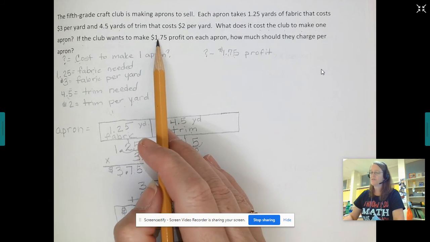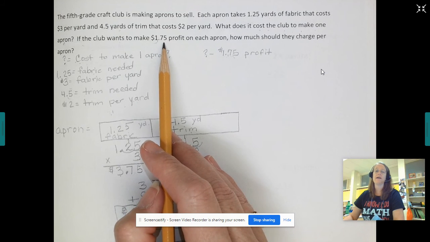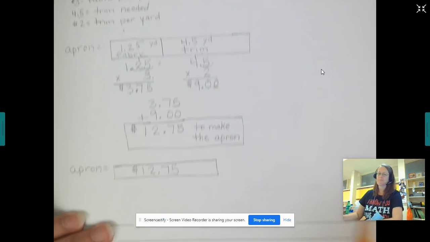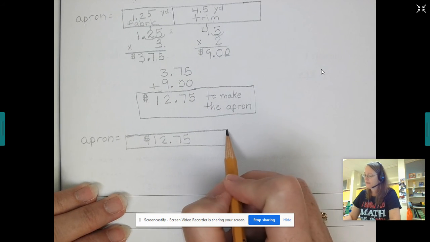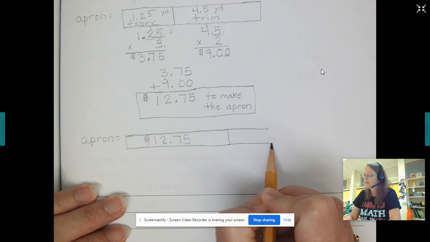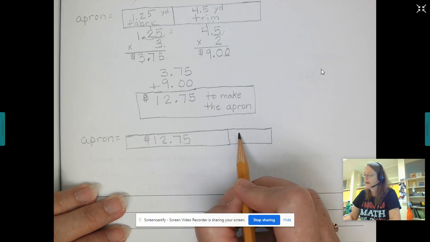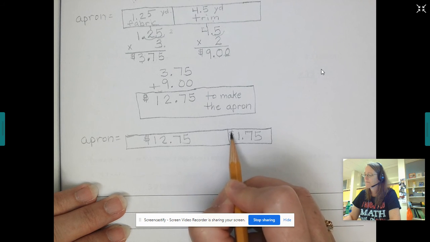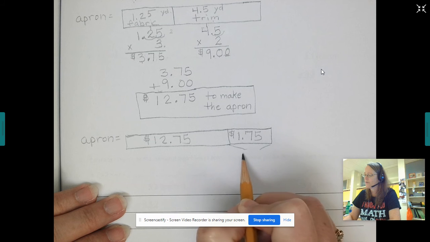So if they want to charge $1.75 more than what it costs to make the apron in order to make that profit, we're going to add on to the price. This is what's called the profit.